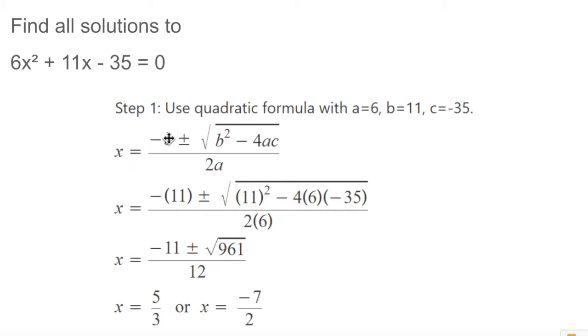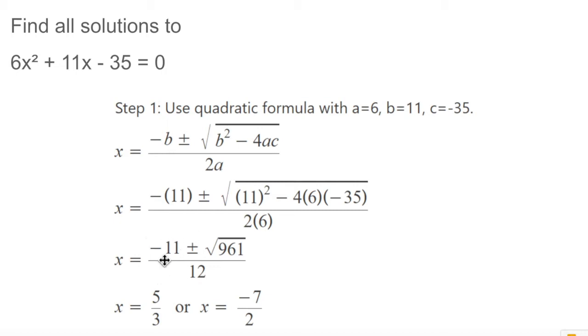So to solve for x, we plug in our values. B is 11, so 11 squared minus 4 times a, which is 6, times c, which is negative 35. When we multiply this out under the radical, we get 961, so the square root of 961. On the bottom, we get 2a. A is 6, so we get 12.